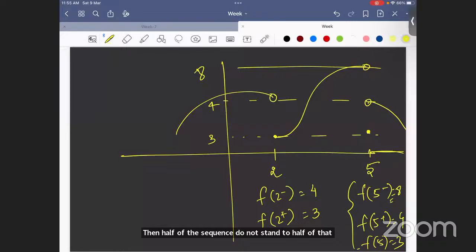If I say f of 1.9999, that's certainly going to be 4, but that is certainly not close to what f of 2 is. He's talking about discontinuity only, I think.